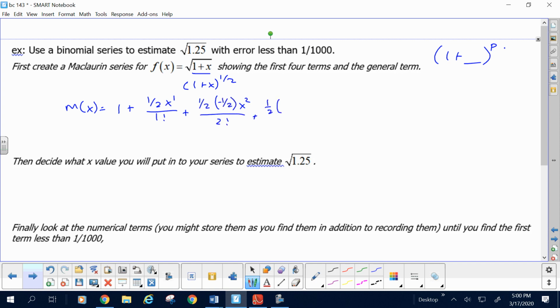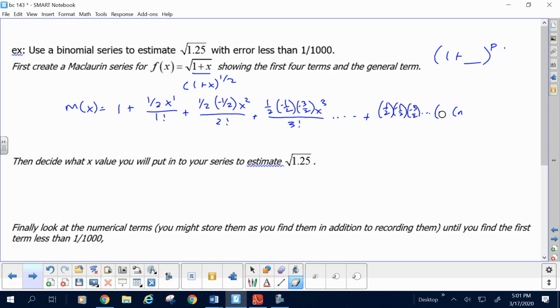Then 1/2 times a power less times a power less than that, x cubed over 3 factorial. And we continue on, till it was p minus n minus 1. And in this case, p is 1/2. So 1/2 minus n minus 1, x to the n over n factorial.